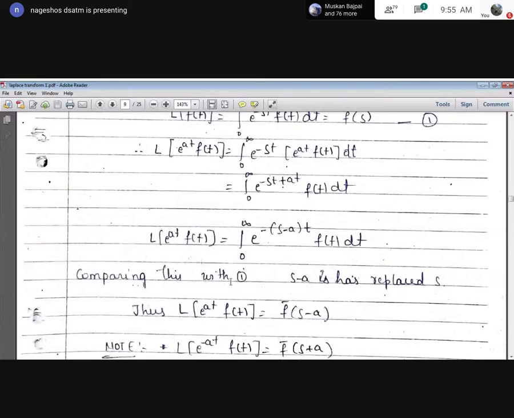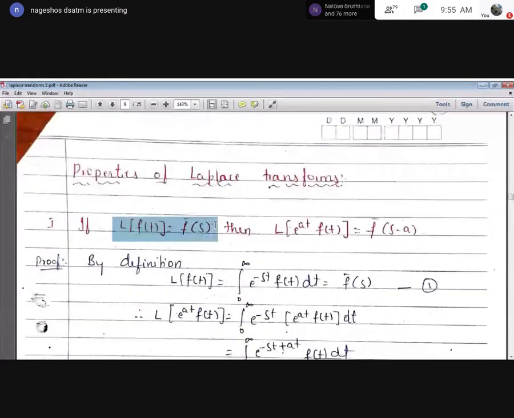Just the properties you need to remember. L of f of t equals f bar of s, then L of e power at f of t is equal to f bar of s minus a. Wait, I will check whether proof is there in the syllabus.